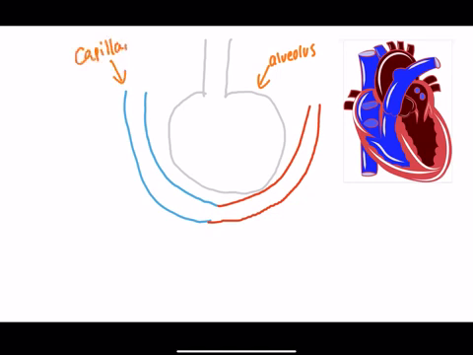Remember, as the capillaries are coming down from the right pulmonary artery, in this case we're just talking about the right pulmonary artery, the capillaries will have deoxygenated blood in it.